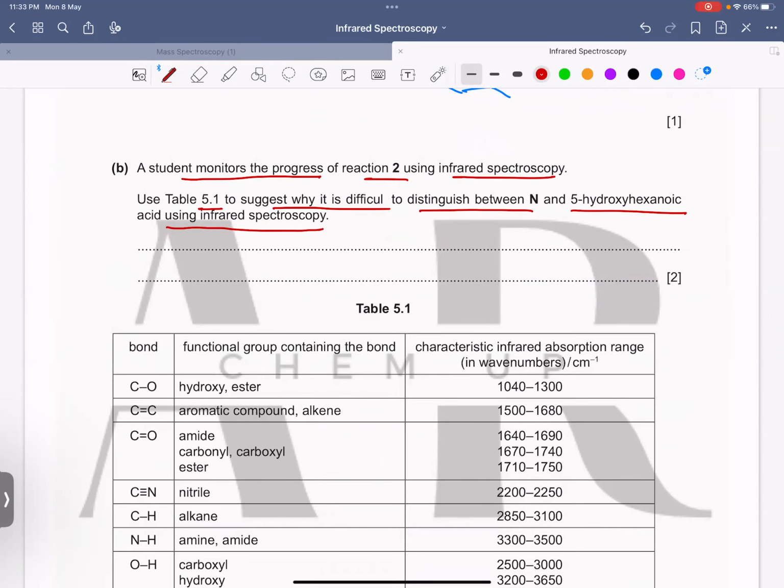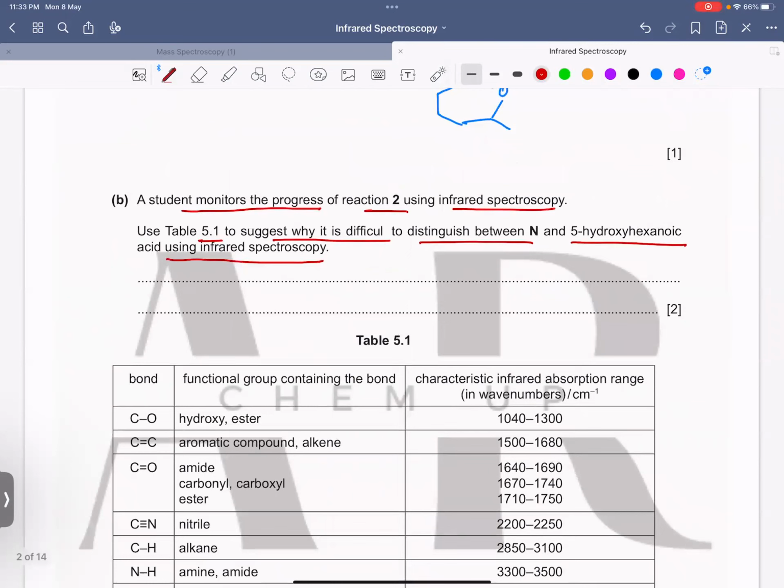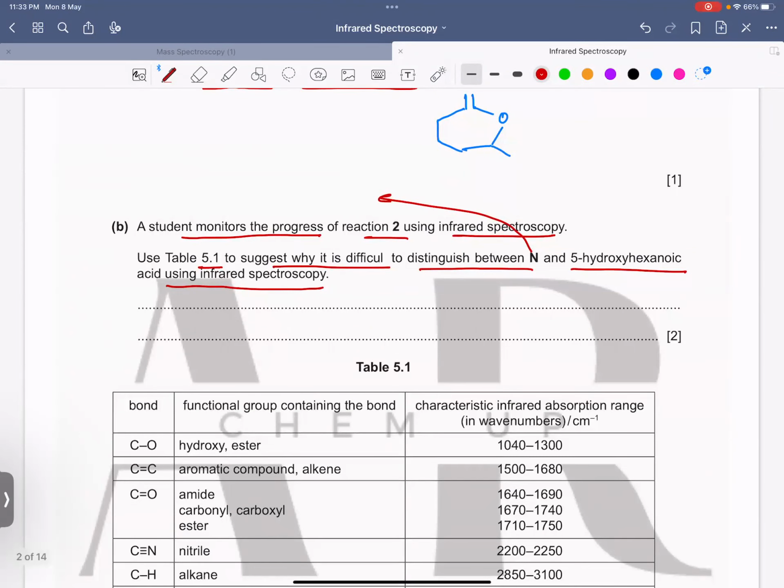Okay, so both have a C double bond O. I'm just drawing N over here, which has one ketone and a carboxylic acid, and 5-hydroxyhexanoic acid has a carboxylic acid, then on the same carbon there is an OH. Sir, it's hexanoic.